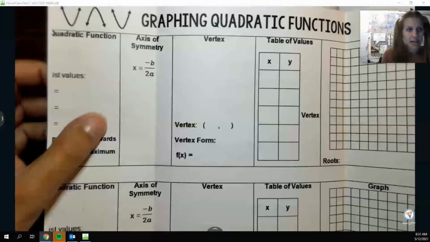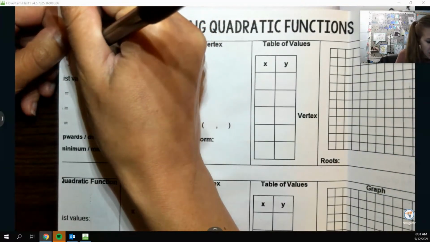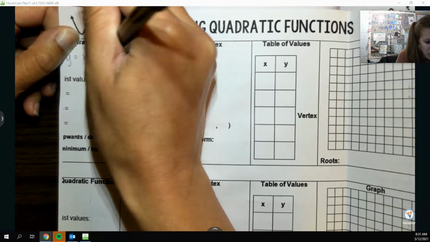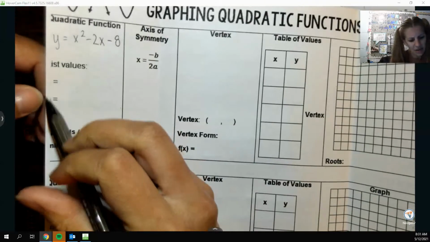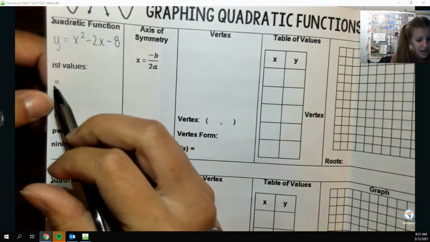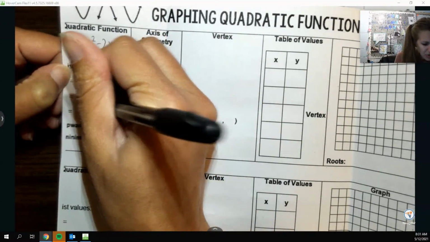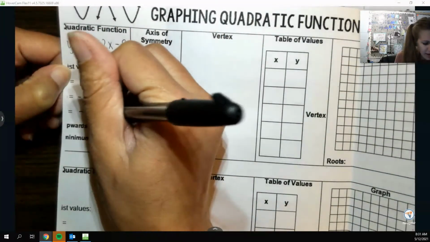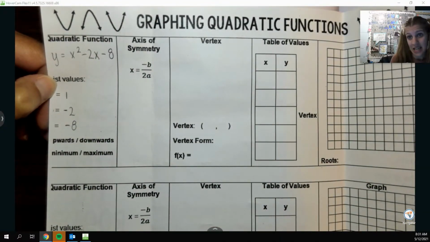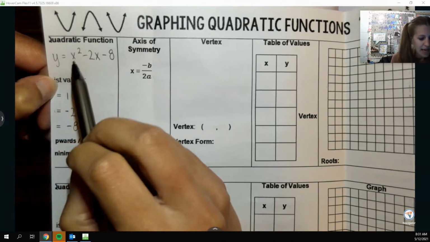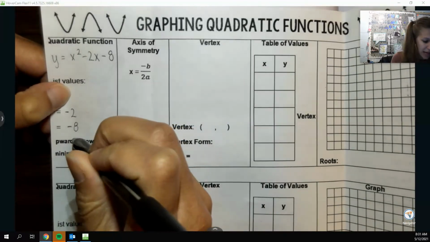So let's say we take this first one as the equation y equals x squared minus 2x minus 8. Sorry, this got a little bit cut off. These are our a, b, and c values. So a in this case is 1, b is -2, c is -8. And I can tell right now, so this quadratic is in standard form, and I can tell right now that my slope is 1, which will mean that this is going to point up.